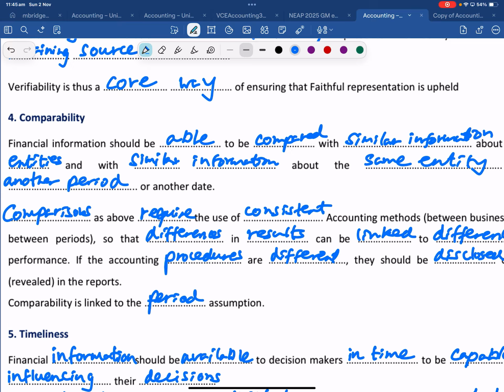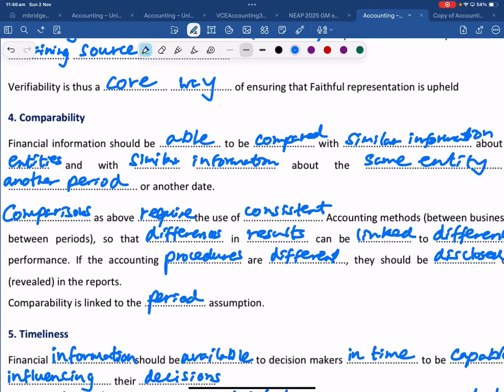Let's say you have a business, he has a business, then the information should be able to be compared, between last year and this year, and between competitors.